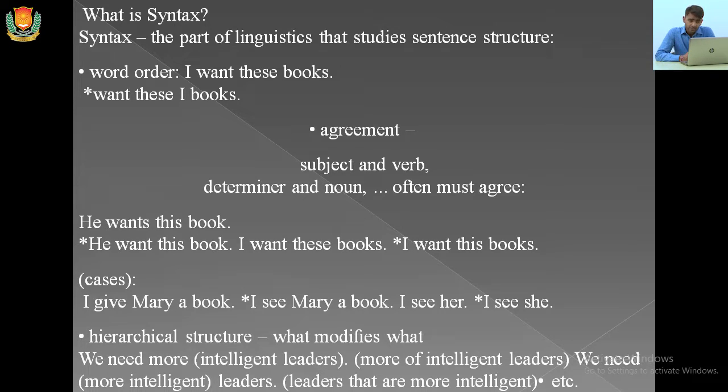What kind of agreement? Subject and verb agreement. Why does this subject and verb agreement matter? Because actually there is a rule in English. For example, when we have a noun, we add s to make it plural. Suppose if I have to say mango, then I'll add s and I'll say mangoes.